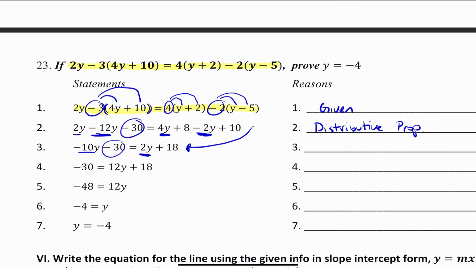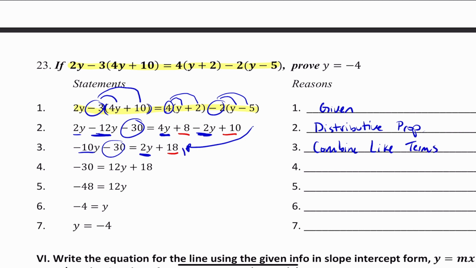You can see that positive 8 plus 10 is 18. So nothing's being done to this minus 30 on the left-hand side because nothing can be combined there with that number, but I can see that I can combine this and this, and also this and this. So that is me using the combine like terms.